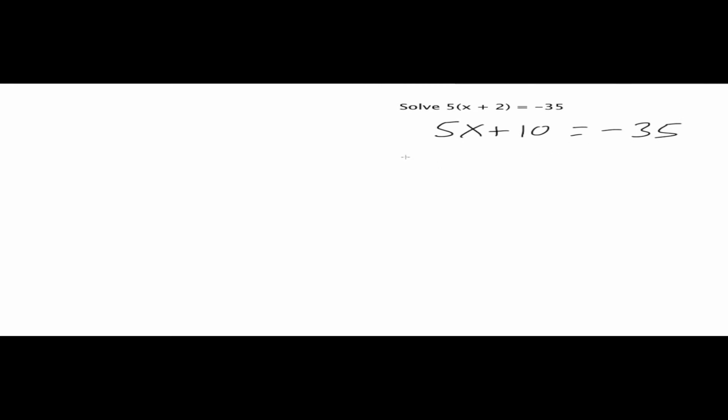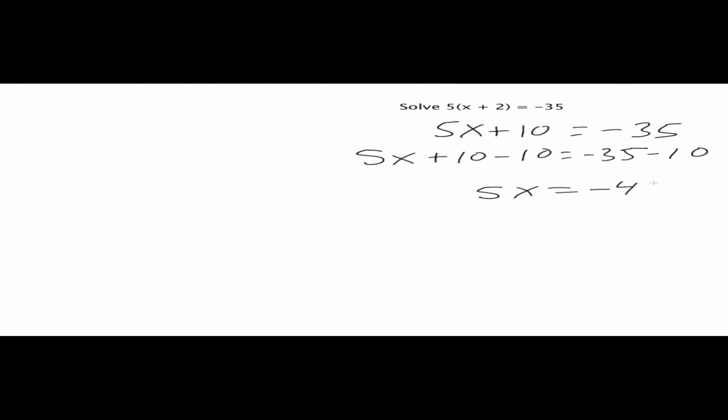In our next line, we subtract 10 from both sides of the equation. Plus 10 minus 10 equals negative 35 minus 10.